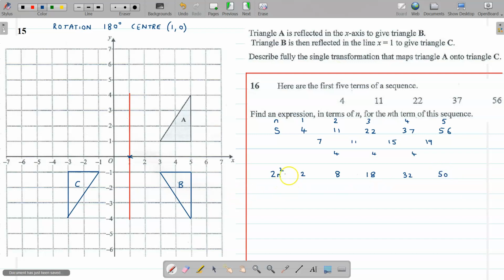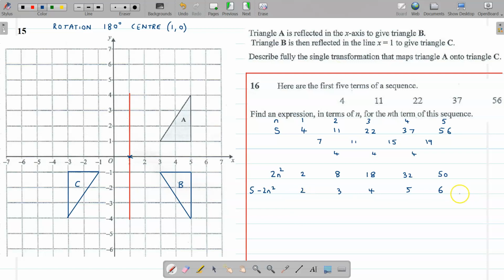We then take that sequence away from s. So it's s minus 2n squared. So 4 minus 2 is 2. 11 minus 8 is 3. 22 minus 18 is 4. 37 minus 32 is 5. And you can see that we're getting a linear sequence now, which is simply n plus 1.